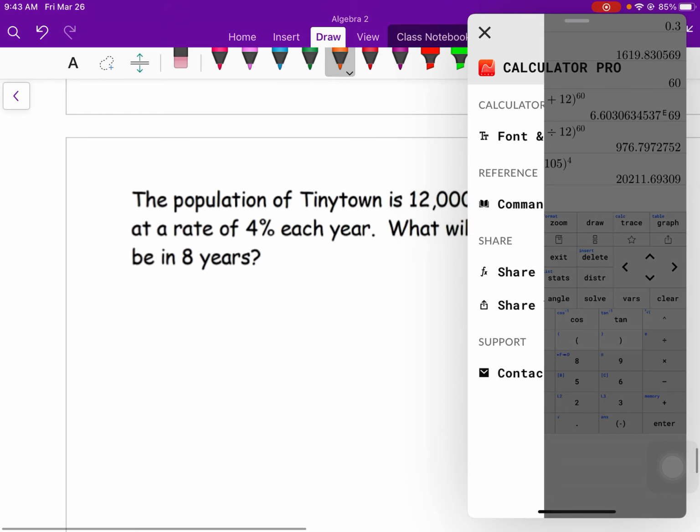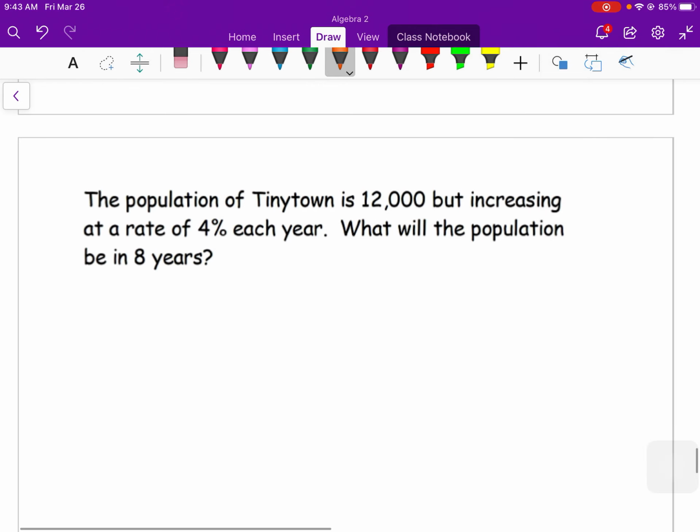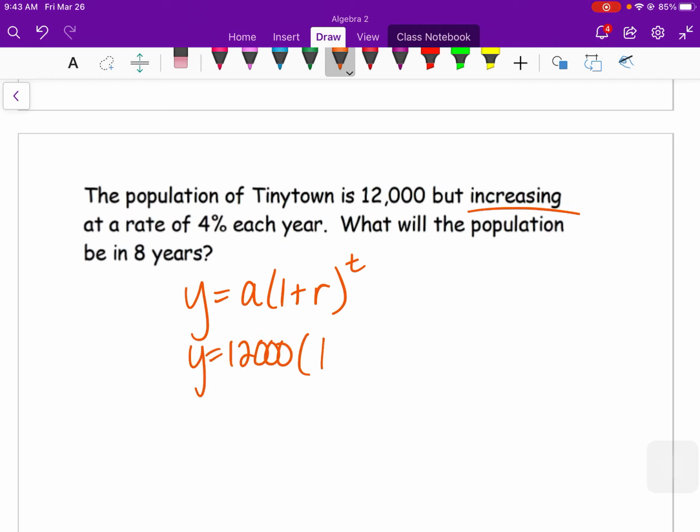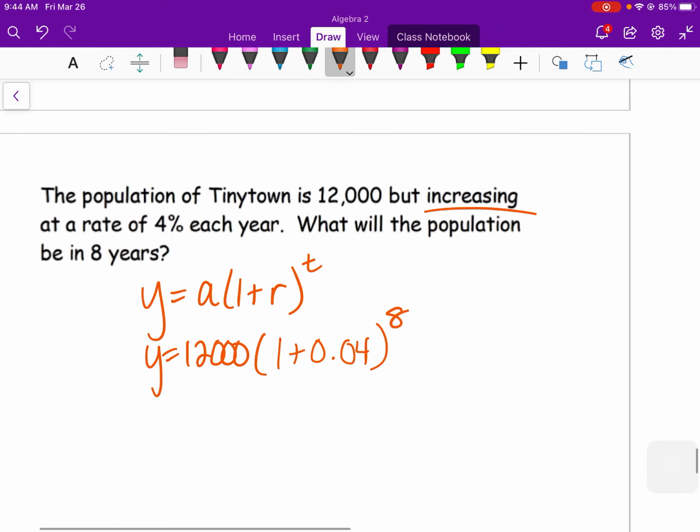And the last one. Tiny town's population is increasing, so there's no interest involved here again, so we're using exponential growth, which is the same as the last one, but plus R to the T. So it's 12,000, 1 plus 4%, and then 8 years.